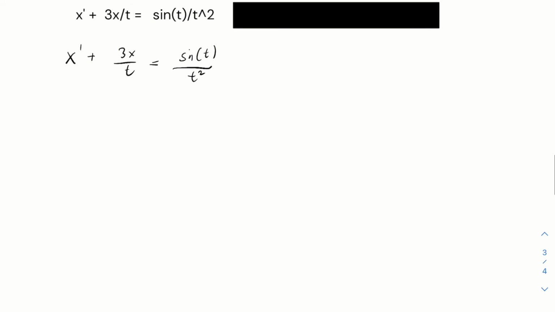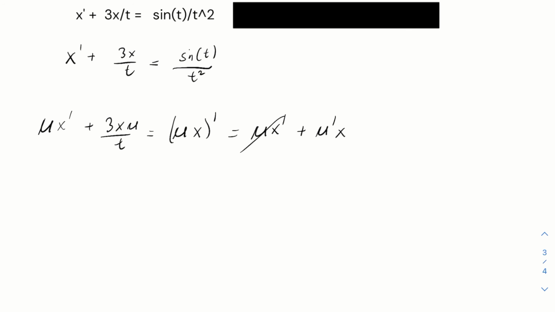So what we're going to do here, same process, just mu x prime plus 3x mu over t equals mu x prime equals mu x prime plus mu prime x. Okay, and we notice that we can cancel out that term, and that x goes away.